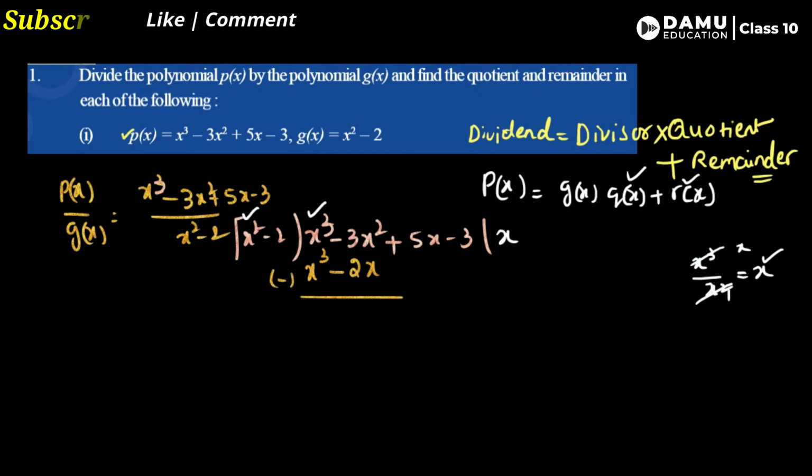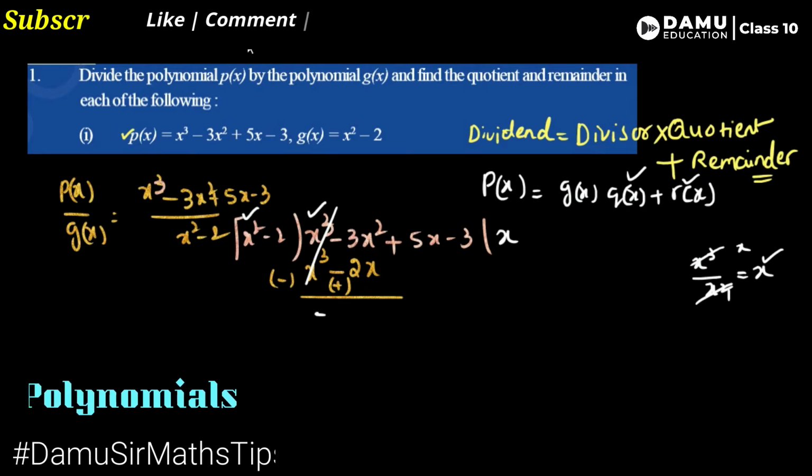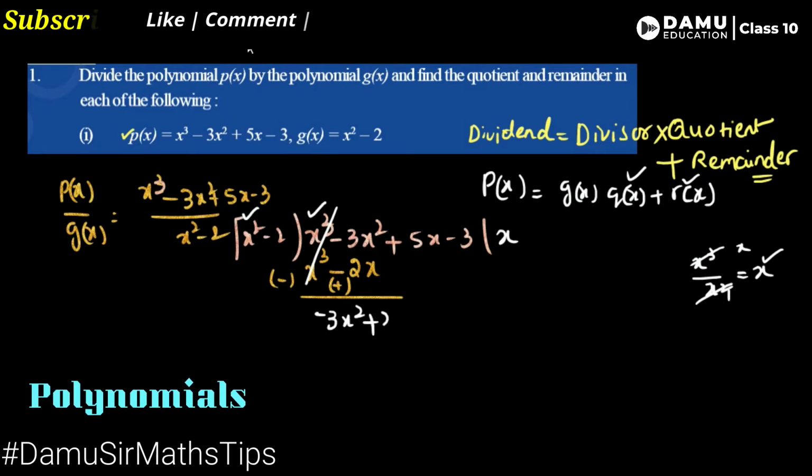So x cube, let's subtract, then the symbols will change. So here x cube will cancel, and write this one as it is: minus 3x square plus 2x, and bring down 5x. So if you add this to this, what do we get?